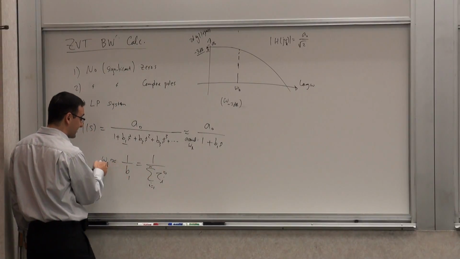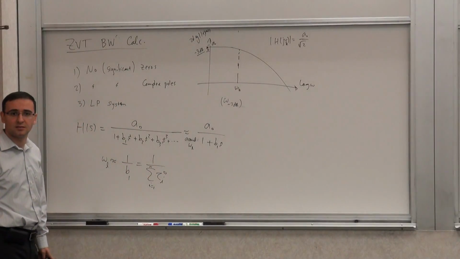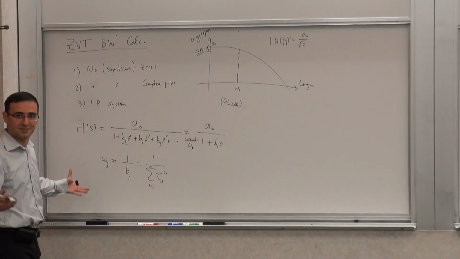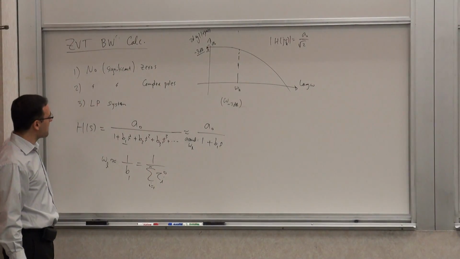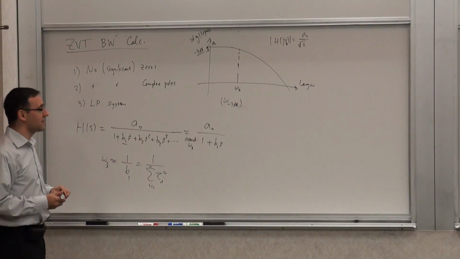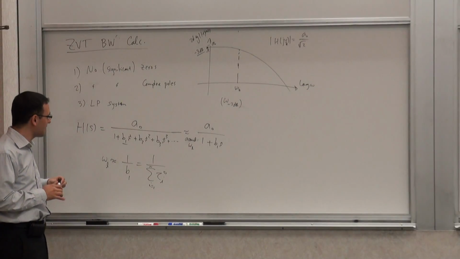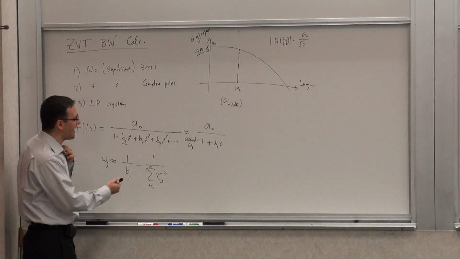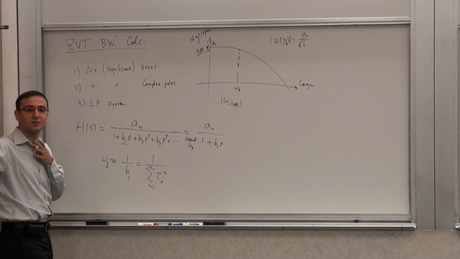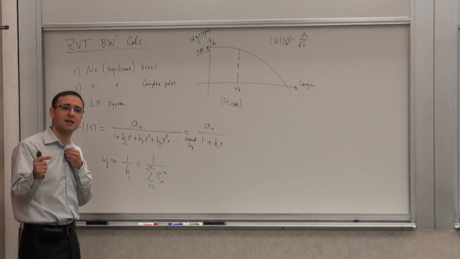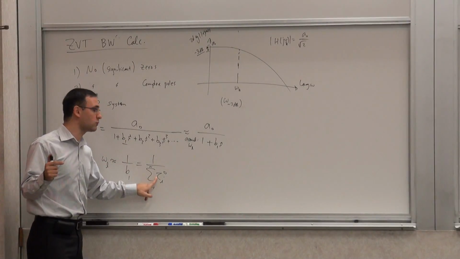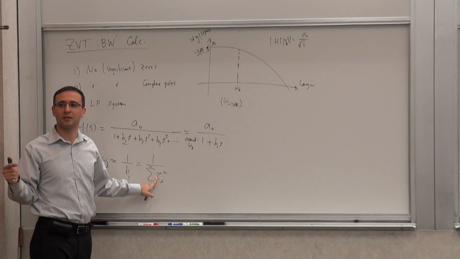So this part is exact. This part is the approximation. There is another interesting thing about this approximation which is useful, because it allows you to estimate the bandwidth by just calculating a bunch of zero value time constants. And more importantly, it tells you which one of these time constants is the big culprit.